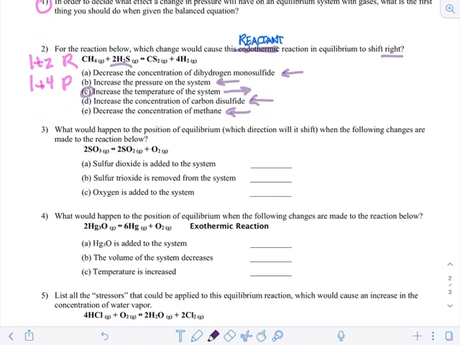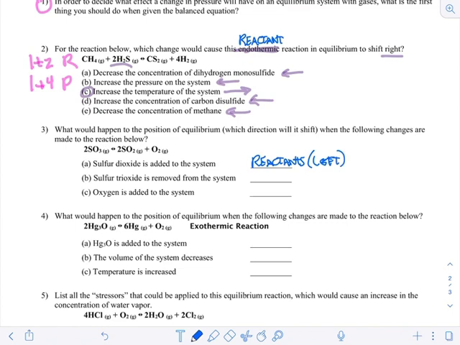Okay, I'm going to do one more of these, and then I'm going to set you loose for the remaining ones. So for number 3, what happens to the position of equilibrium when the following changes are made to the reaction below? Okay, so sulfur dioxide is a product, and if they are adding product to the system, it's going to shift towards the reactants because you want to use up the excess sulfur dioxide.